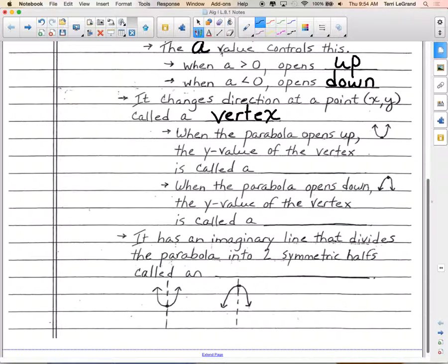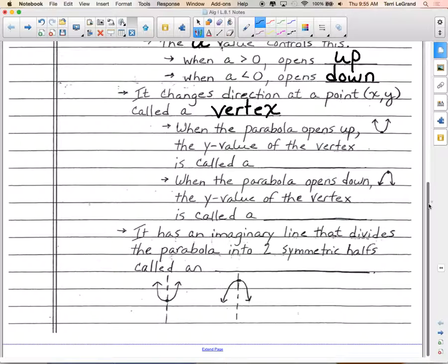Okay, so when the parabola is opening up, we have this turning point, and the y value of that vertex, because the vertex would be the lowest point on that curve, wouldn't it? And low and high mean the y-axis, the vertical axis.